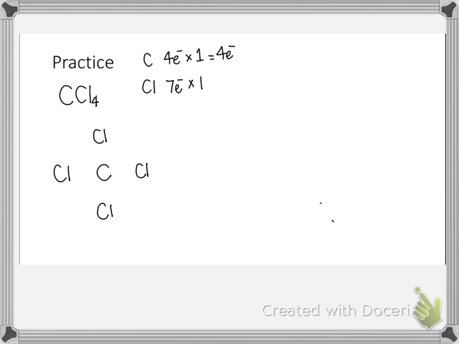And be careful, though, here I have 4 chlorine in the structure, so each one brings 7. So that's what, 28? And then I'm going to add these two numbers together. So this one has a lot more electrons to work with, in part because chlorine has a lot of valence electrons.